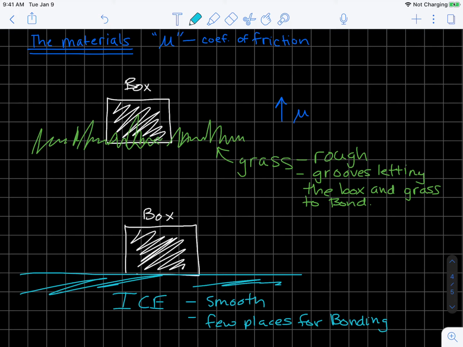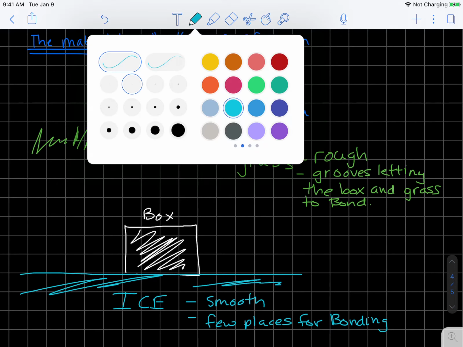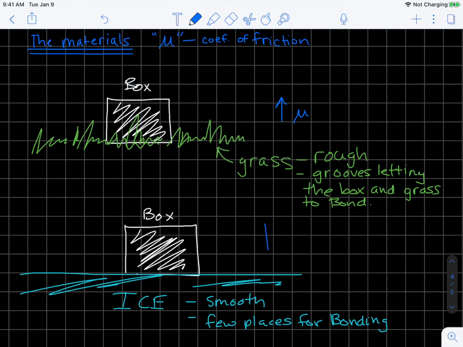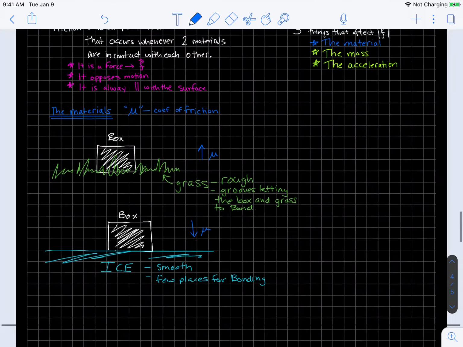This is the case of a very low coefficient of friction. Obviously, the box will move easier on ice, which means the resistance force, friction, isn't as big.